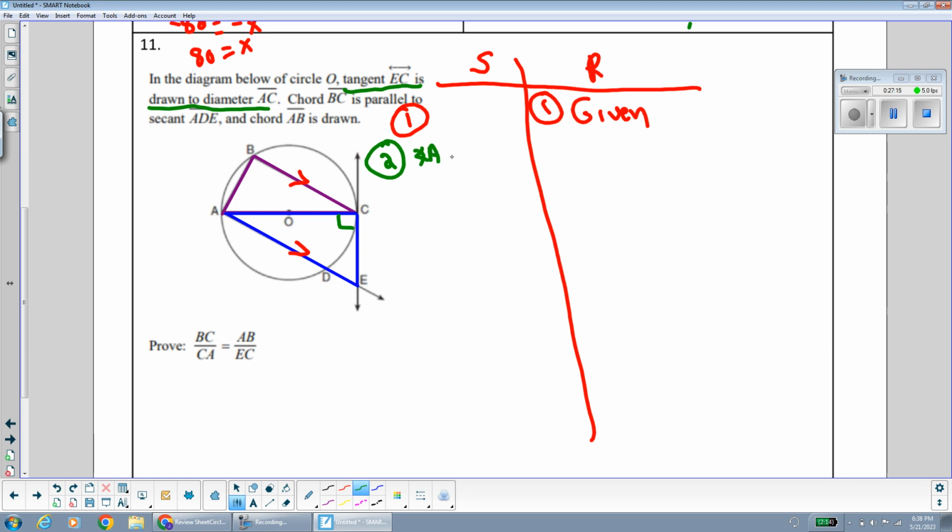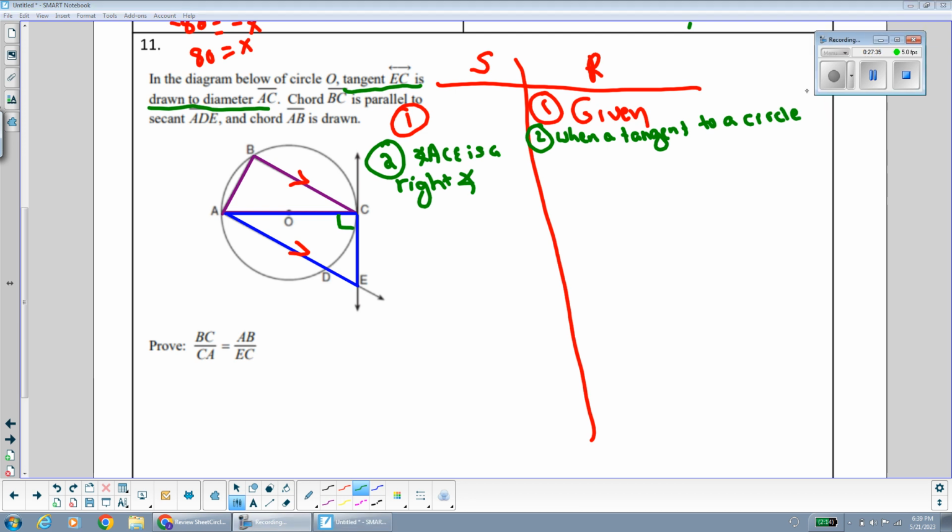Angle ACE is a right angle when a tangent to a circle intersects a diameter, they make a right angle. Any way of wording that is absolutely fine.